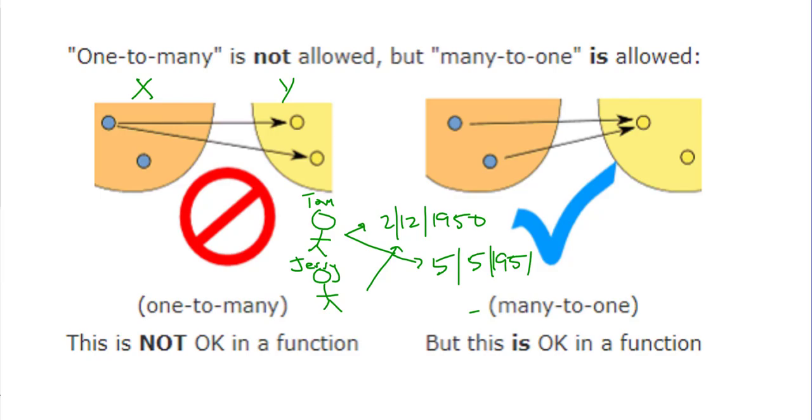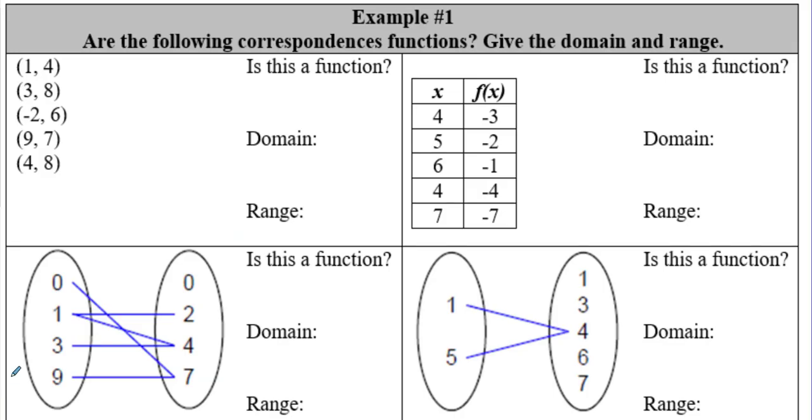All right, so our first example number 1, we want to ask ourselves, are the following correspondences functions? And if they are or not in this case, we still want to identify the domain and the range. So remember, an input x can only have one output. So let's take a look. We got our ordered pairs. This is x and y.